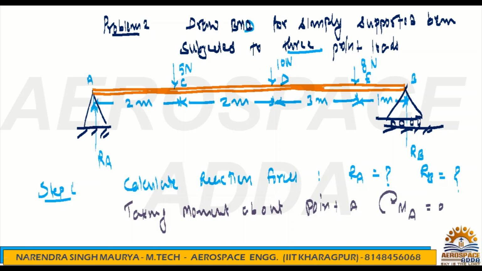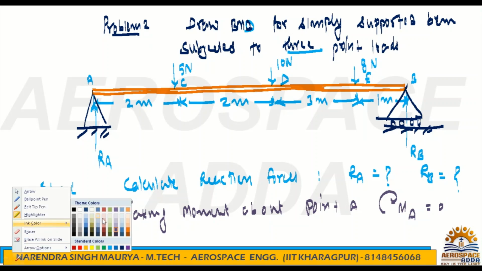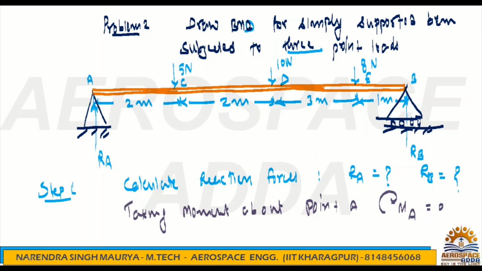Now see, the next force is the reaction force RB, which is in the upward direction. This upward reaction force about A will give an anti-clockwise moment. Let's check the sense. How will you check the sense? Take the first force, 5 newton. About which point are you taking moment? Point A. So fix point A, check the sense of the force, and make a circle with the center at the point about which you are taking moment.